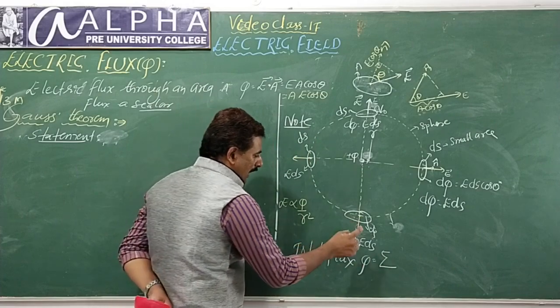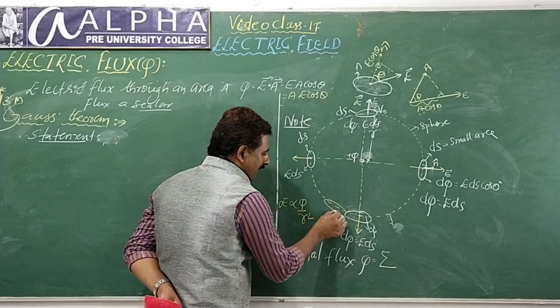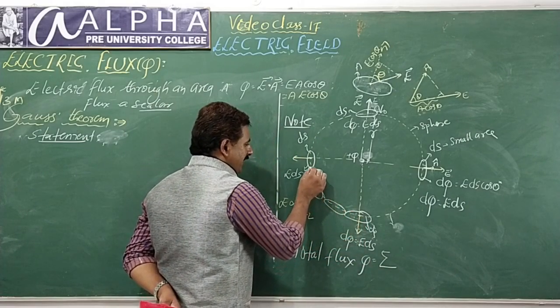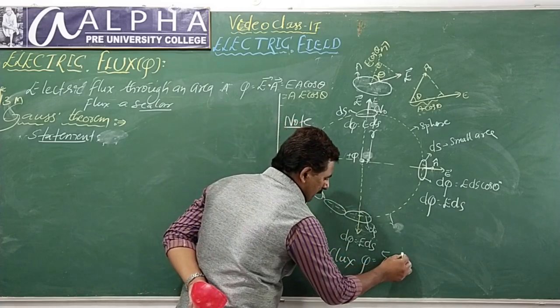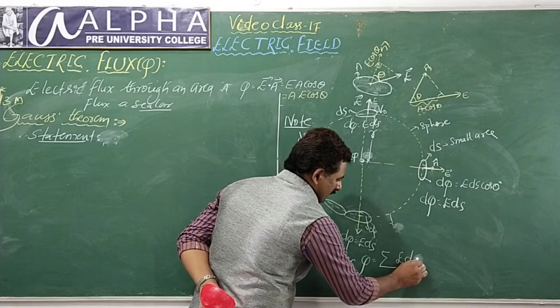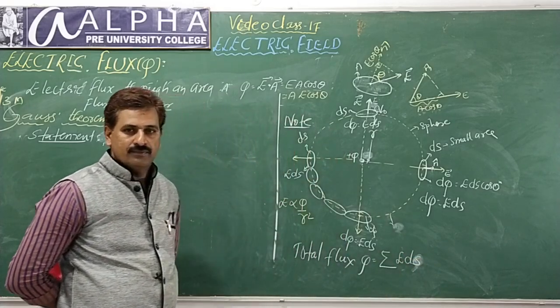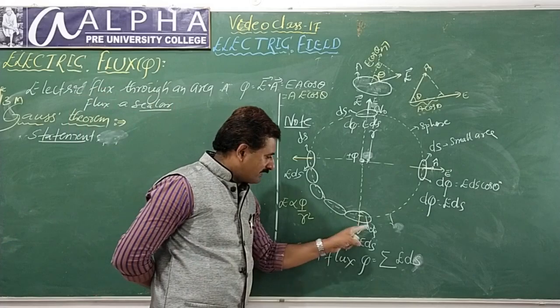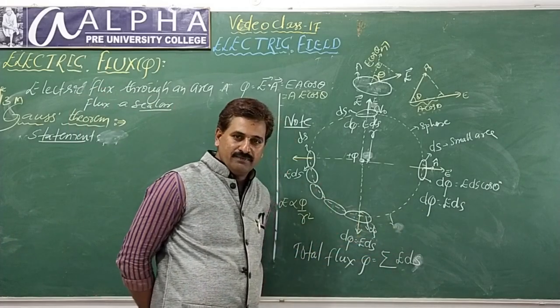I write here: add this flux with the next area, with the next area, with the next area. Like this, we are adding the electric flux at one point, E dS. What is E dS? Flux at one point. You are just adding that.